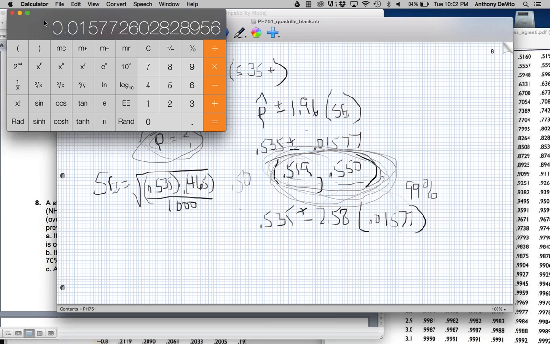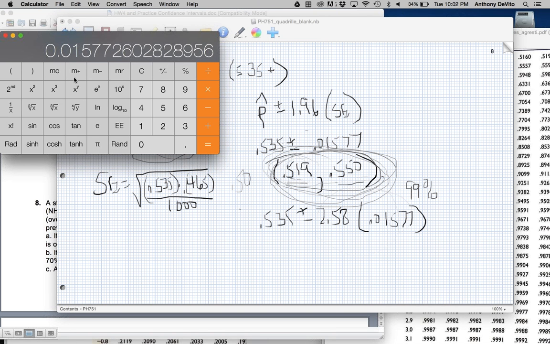Well, let's give that a try right now. Okay, so let's see. Our new margin of error is going to be 2.58 times 0.01577, which is equal to 0.217, or I'm going to call that 0.22.